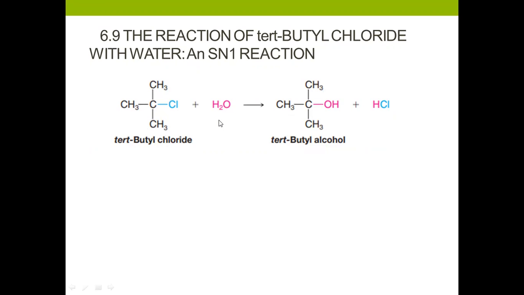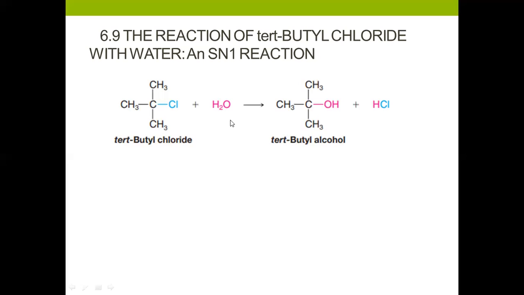Again, as I mentioned before, even if you don't see any electron pairs on your reagents, you always have to remember that group 6 elements like oxygen and sulfur always have non-bonding electron pairs. Chlorine also has non-bonding electrons. And so water, having non-bonding electrons, is considered a nucleophile.